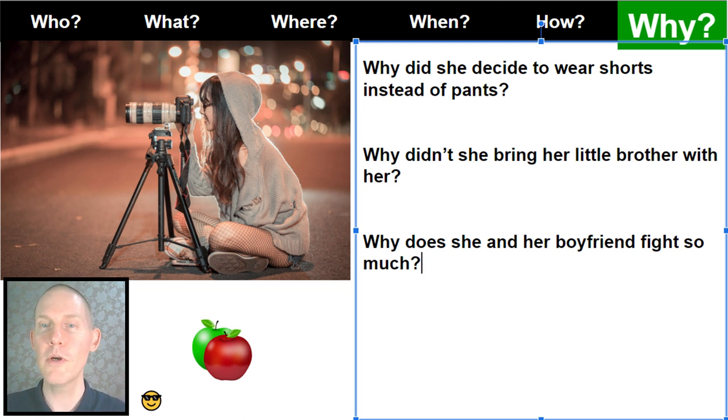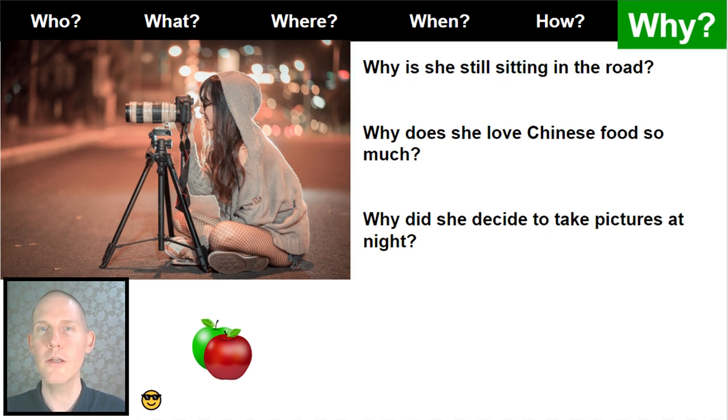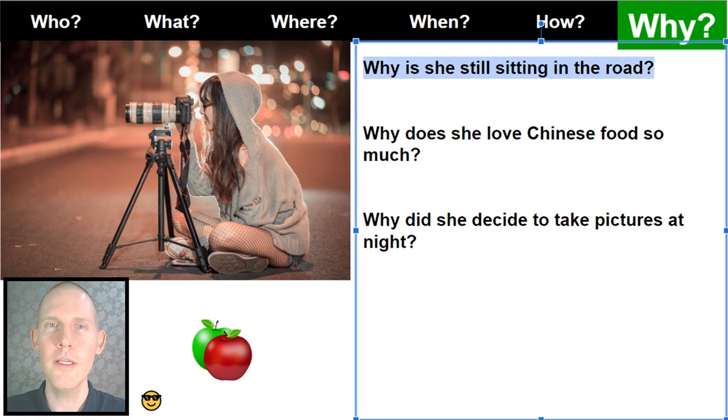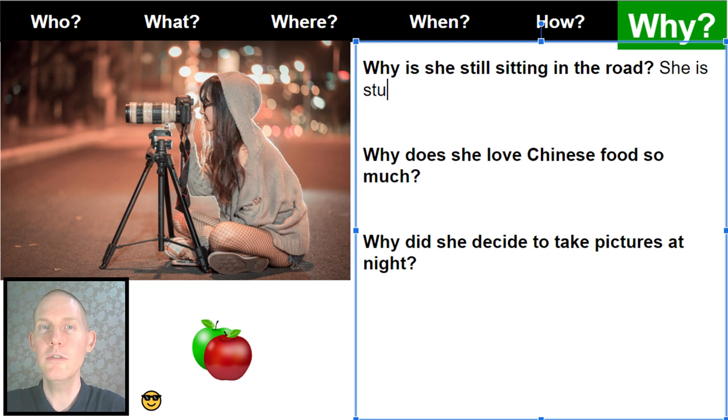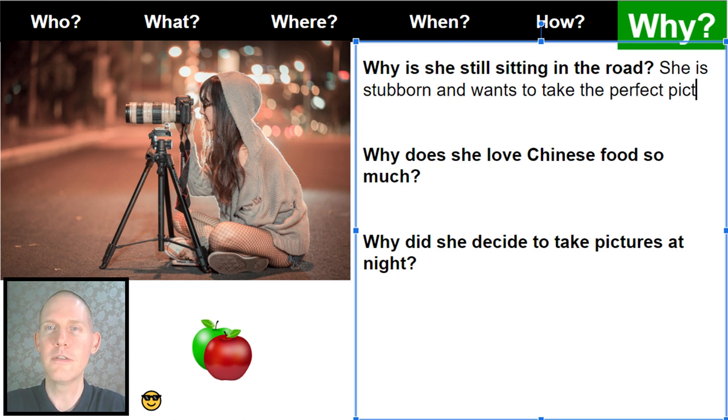Why does she and her boyfriend fight so much? All right. So here we go. Let's go back and we're going to answer our why questions. Why is she still sitting in the road? Well, we could say she is stubborn and wants to take the perfect picture.